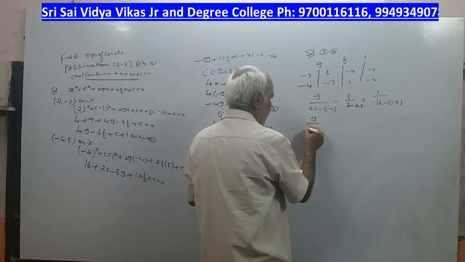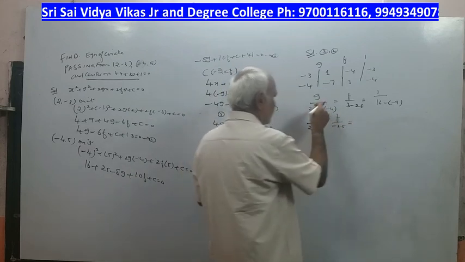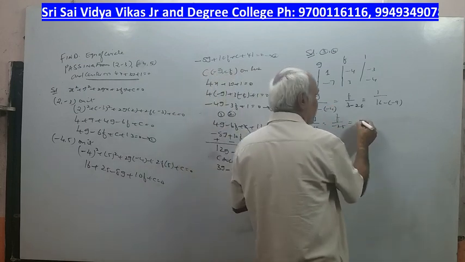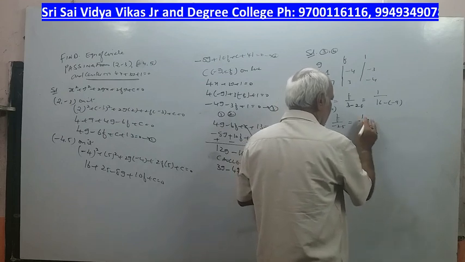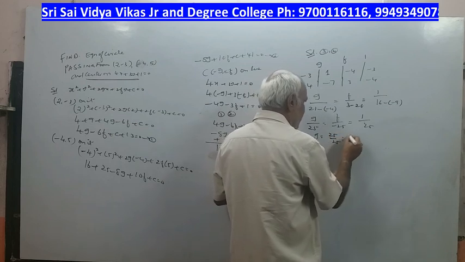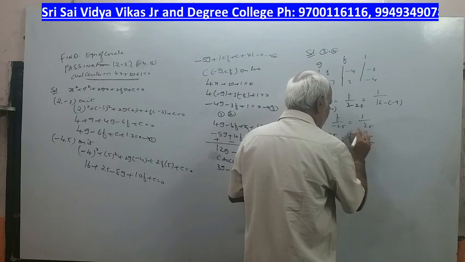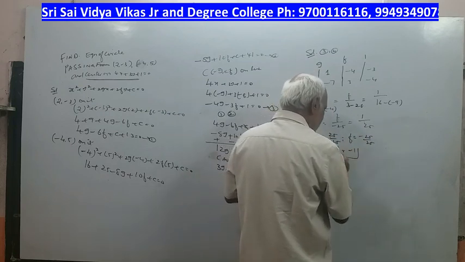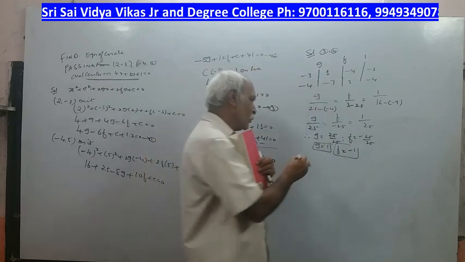So g by 25, f by minus 25, because minus of minus becomes plus, 25, f by minus 25, 1 by 25. Therefore g is equal to 25 by 25, f is equal to minus 25 by 25. So what is the g value? 1, f value minus 1. So you got g value, f value.